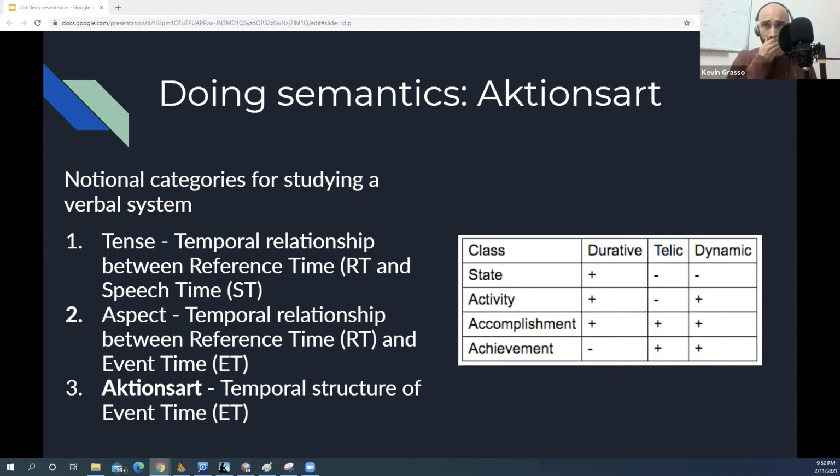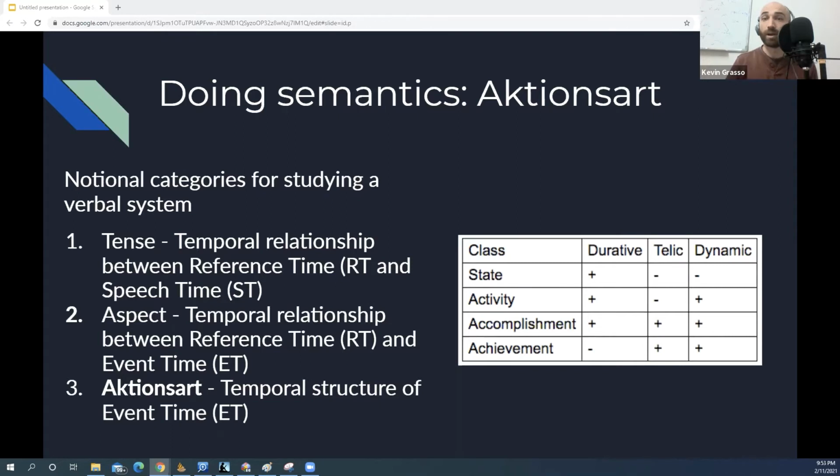Then we have activity. So an activity is a durative event, and it is not telic. So think of something like play basketball, right? In play basketball, it's durative, right? There is time associated with it, but there's no natural endpoint to playing basketball, right, by yourself. You just keep going.